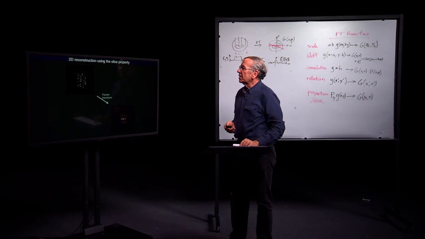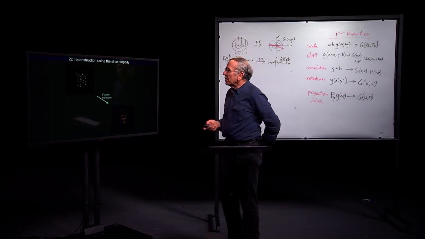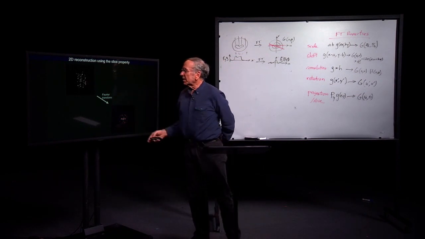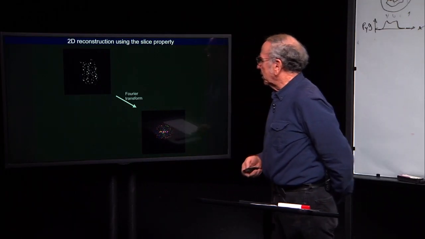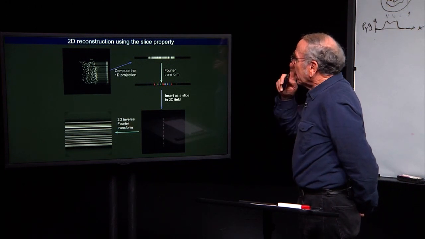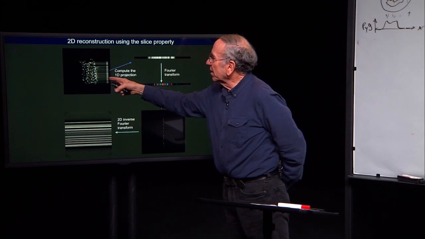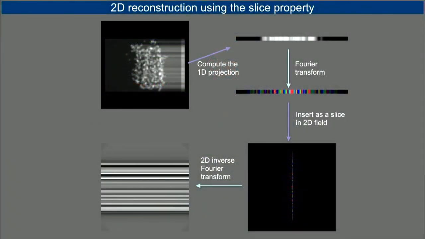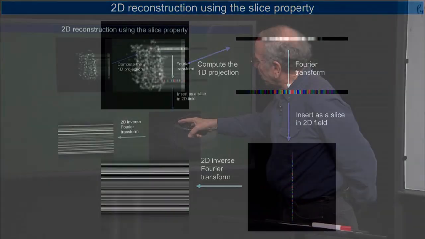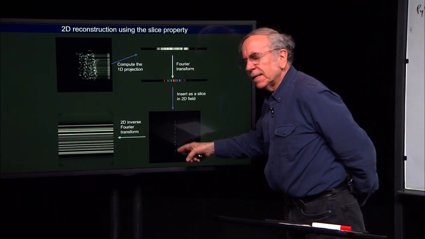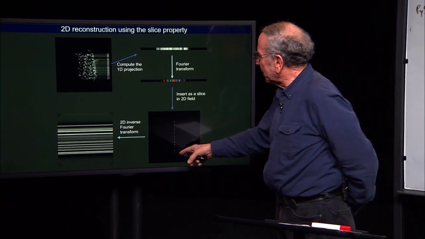So this allows us to do something that I showed you in the very first lecture, which is: here is a two-dimensional density. Here is its two-dimensional Fourier transform. And what we can do is we take a projection in a particular direction. Here is that projection displayed in grayscale. We take its Fourier transform, and then we insert this Fourier transform in the appropriate place in the 2D Fourier transform space.